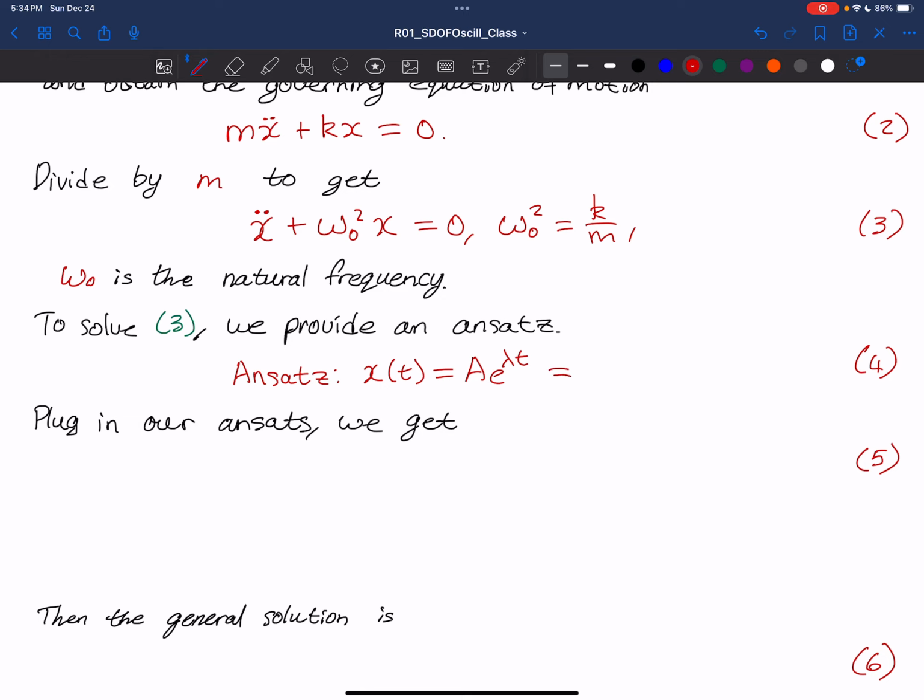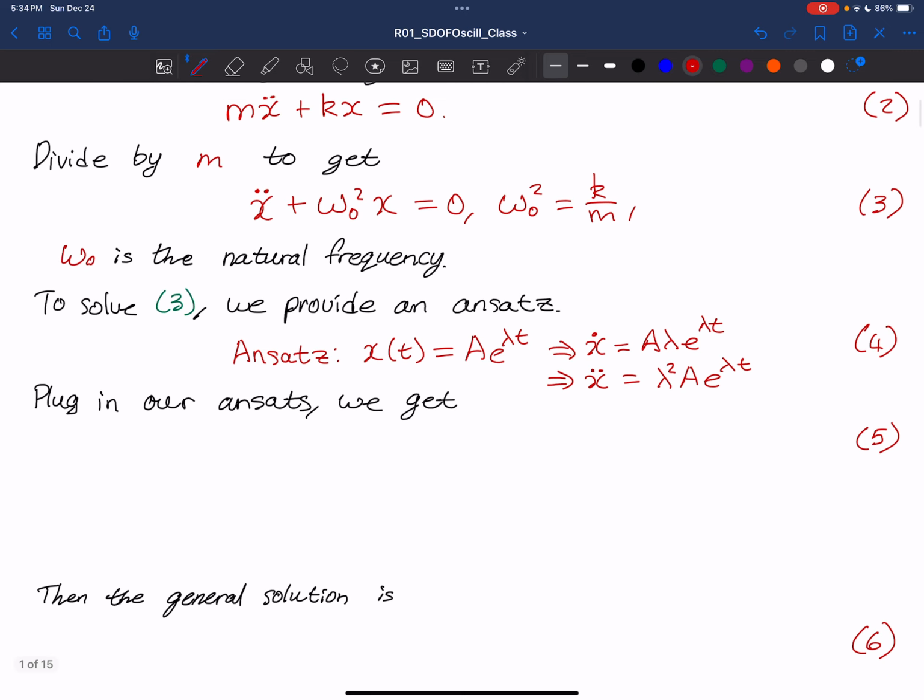From there, we can take derivatives twice. We'll get that the velocity x dot is equal to a times lambda times e to the lambda t. And then from there, we'll get that x double dot is equal to lambda squared times a times e to the lambda t. From here, we're going to plug our Ansatz into equation 3.